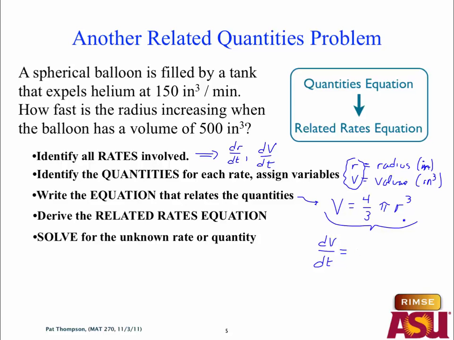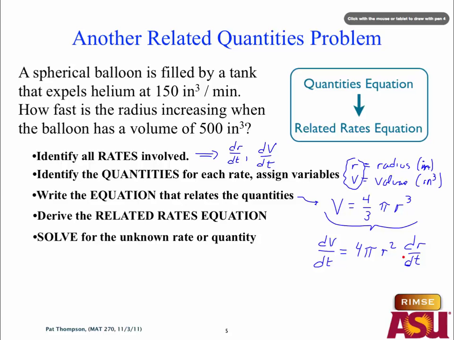derivative of the right. What happened to the 4/3 pi? 4 pi r squared. Yeah, so 3 times this will be 4 pi r squared dr/dt, chain rule. What's our unknown?